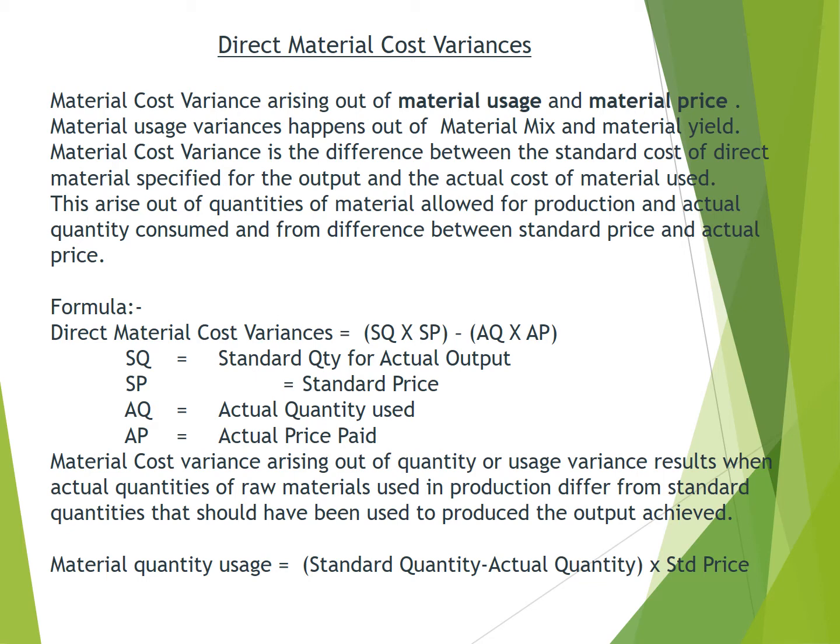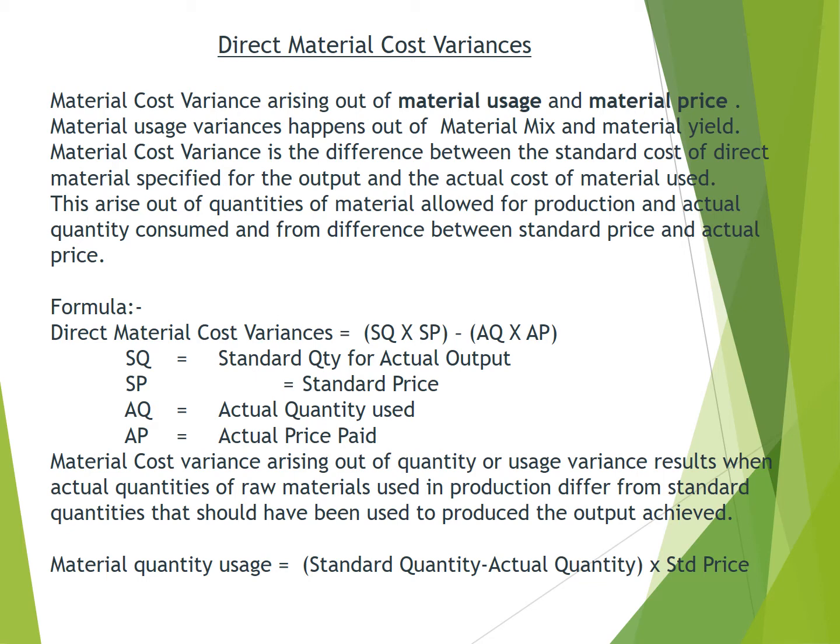Now the formula for finding out direct material cost variance is SQ into SP minus AQ into AP. That is standard quantity for actual output into standard price minus actual quantity used into actual price paid.